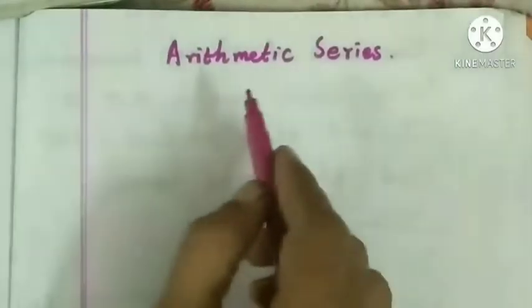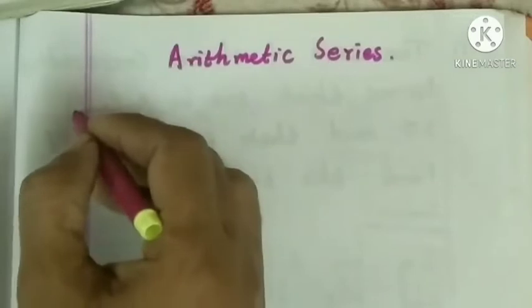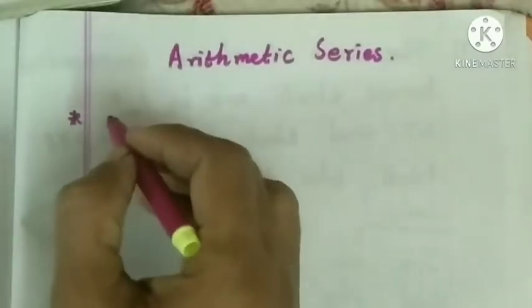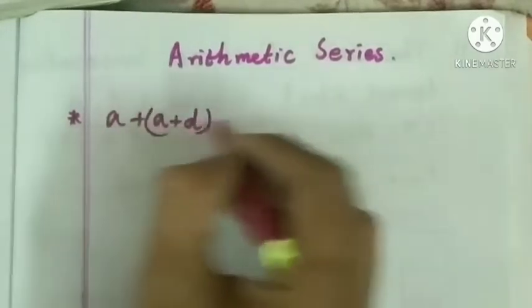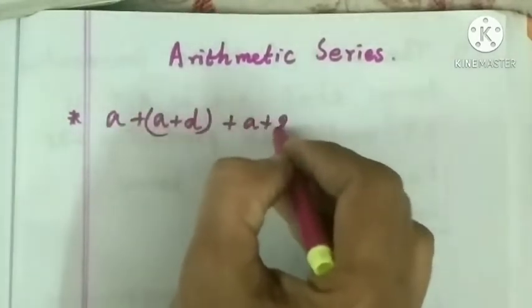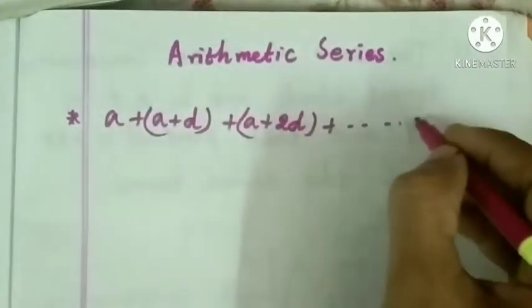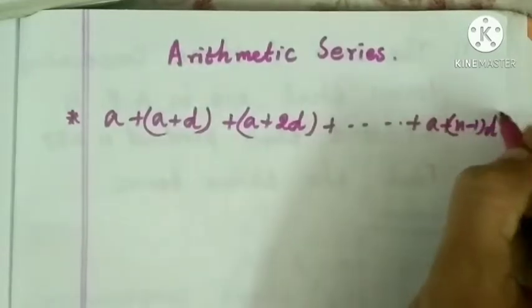Next we see some important points of an arithmetic series. The general form of the arithmetic series is a plus (a plus d) plus (a plus 2d) up to nth term a plus n minus 1 into d.